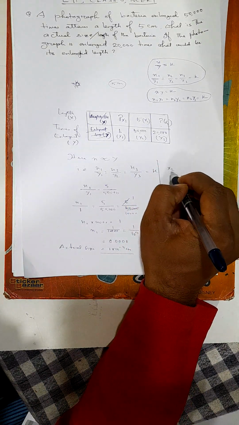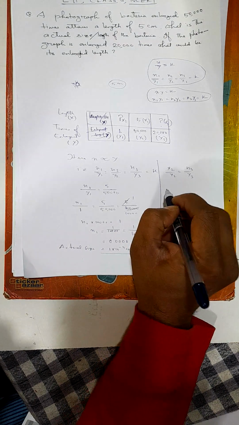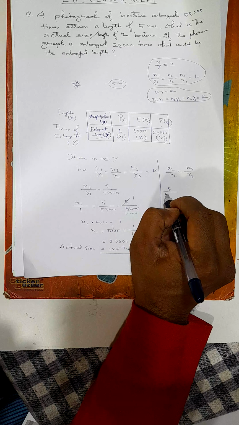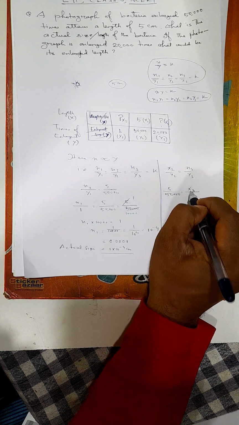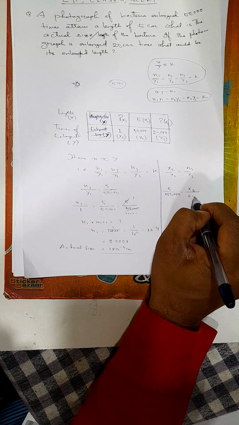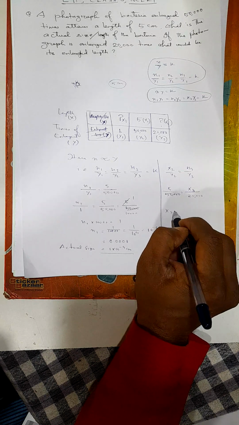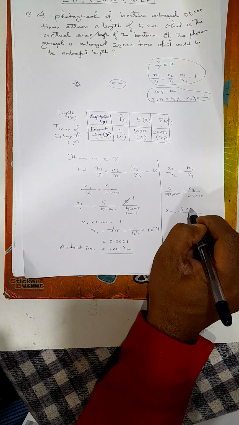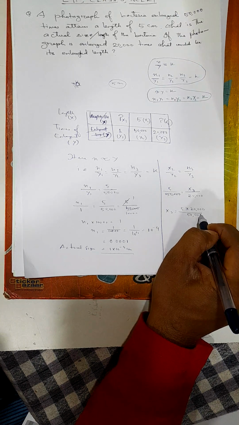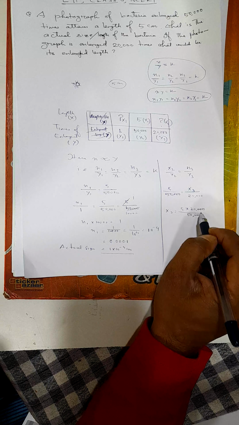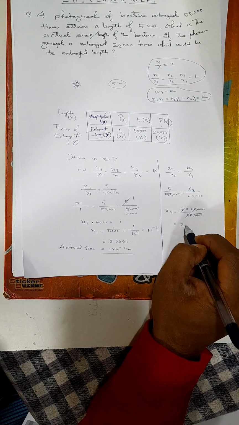Again you see x2 by y2 equals x3 by y3. x2 is 5 divided by 50,000, x3 is not known, and y3 is 20,000 times. Let us solve this. x3 equals 5 into 20,000 divided by 50,000. Solving this out, we get 2.